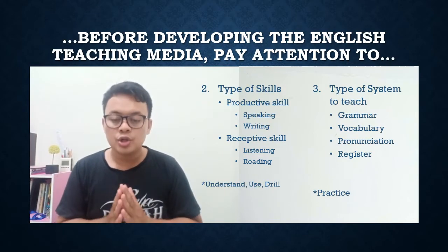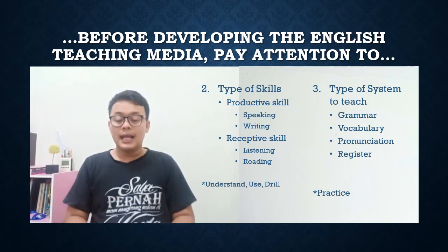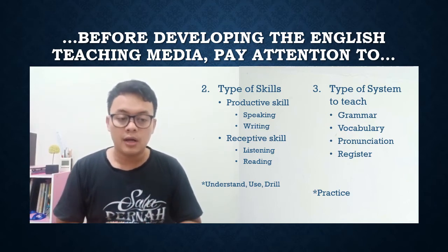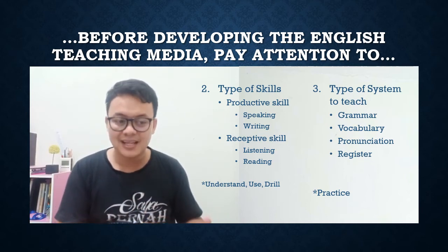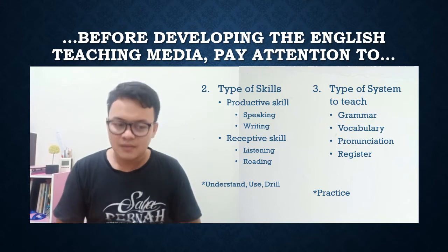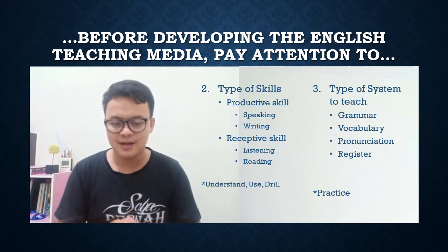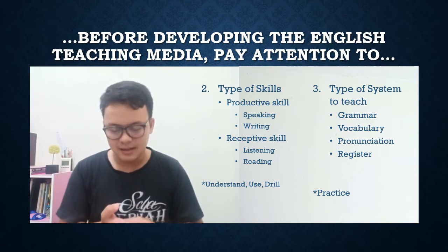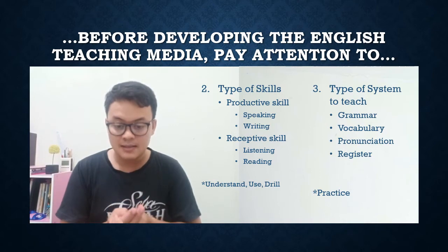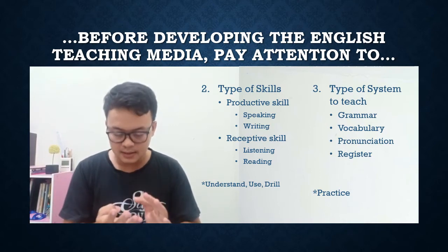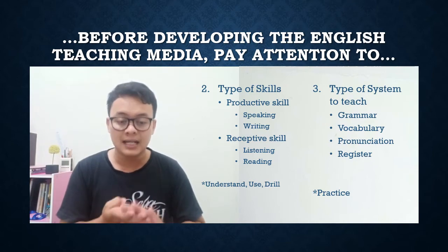Number two, you need to pay attention to the type of skill, right? In English teaching media, or in the English teaching and learning process, there are what we call four skills. These skills are mostly considered the general skills that need to be mastered by English students.